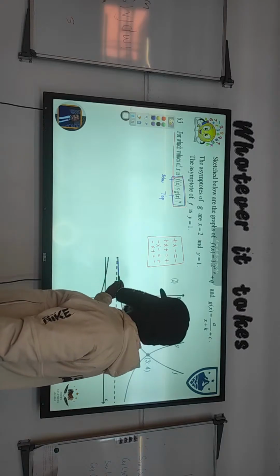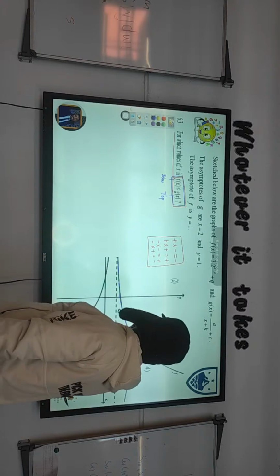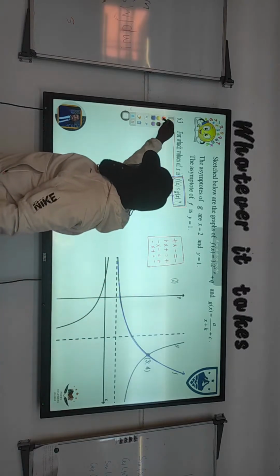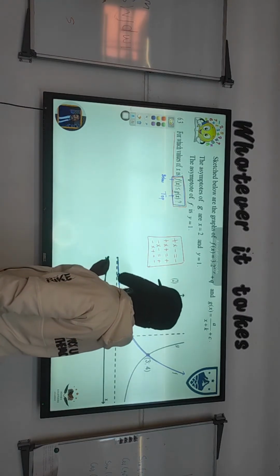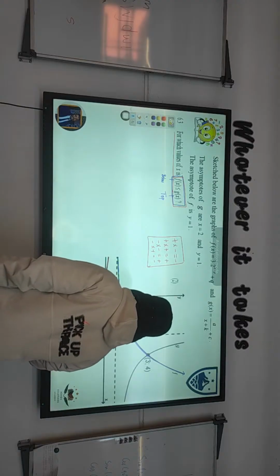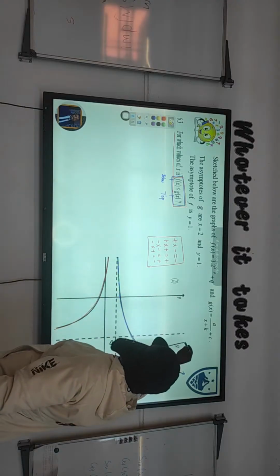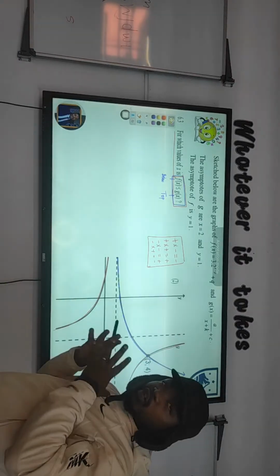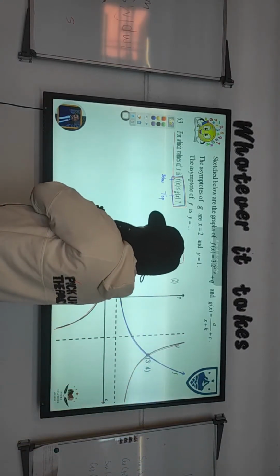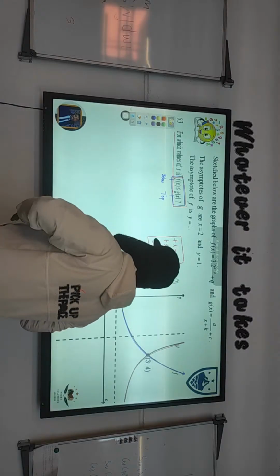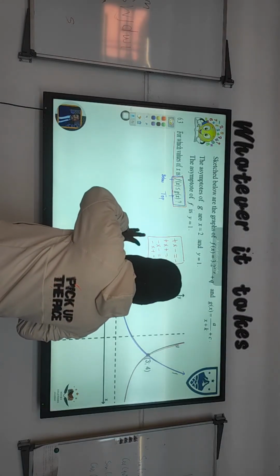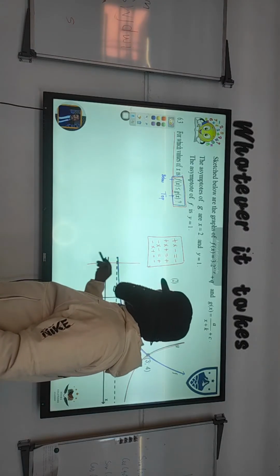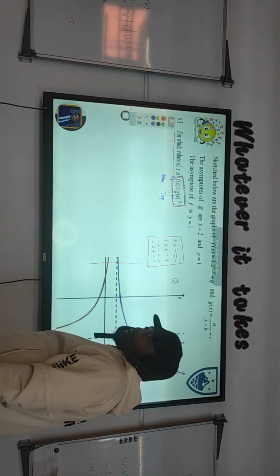This is F, and this is G. What is my target? My target is that I want a portion of the graph where my g of x is on top, where g of x is the red one. Here you see that no, f of x is on top, but I want g of x to be on top.